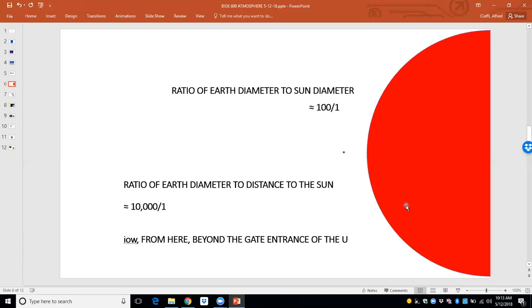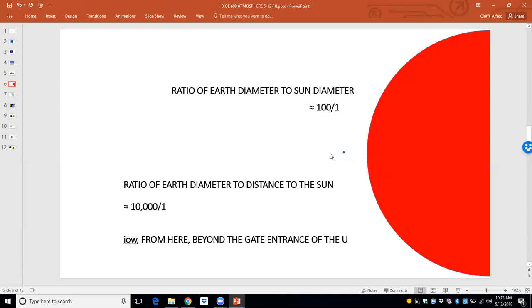So in lay terms, we are a humongous distance away from the sun, thanks be to God, because if we were just a little closer, like Venus, there would be no liquid water, everything would be boiling hot.